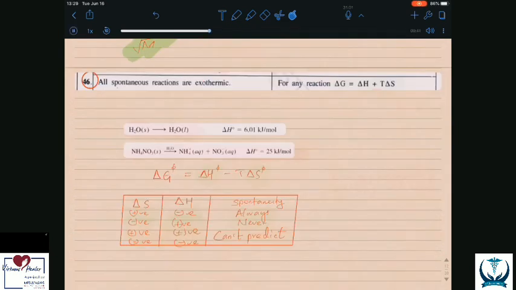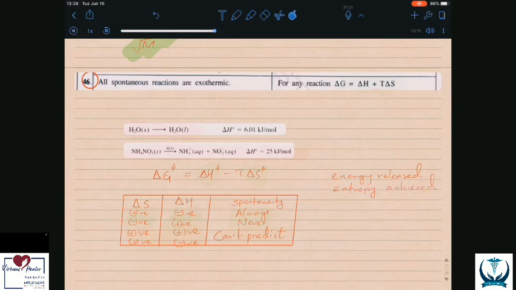Question number 46 is based on the idea of Gibbs free energy, which determines the spontaneity of a reaction. If Gibbs free energy is 0 or negative, then the reaction is spontaneous. If it is positive, then it is non-spontaneous. The spontaneity of a reaction is determined by the energy released and the entropy achieved.